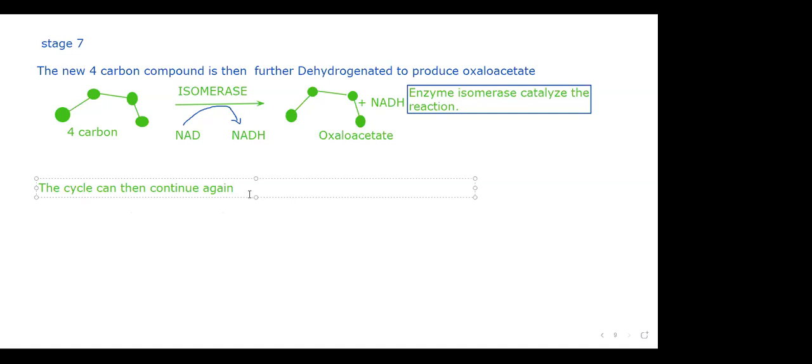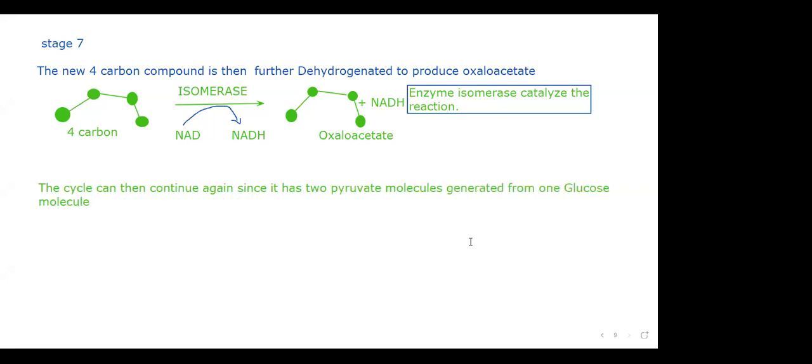This cycle can continue again since it has 2 pyruvate molecules generated from one glucose molecule. Clear?